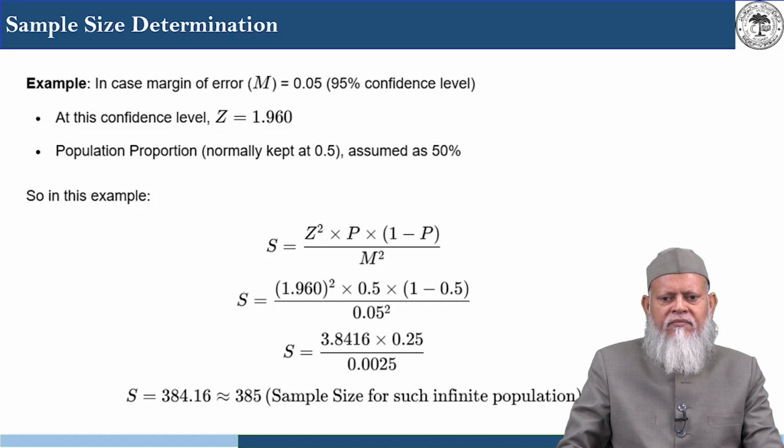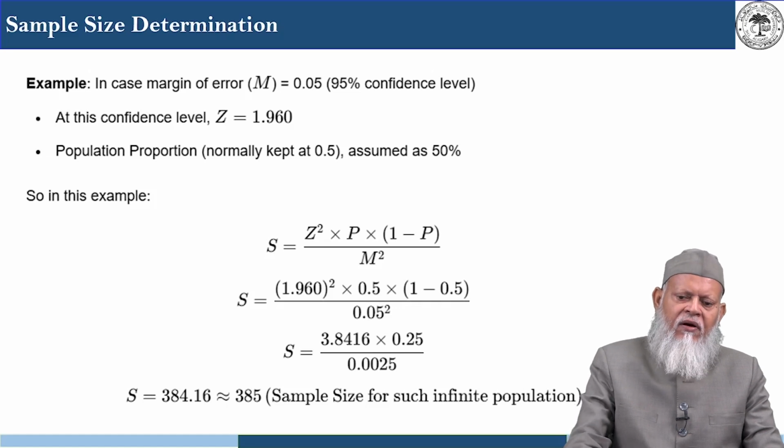Now we put all this data in the equation, and then we calculate and find that 385 samples are enough.